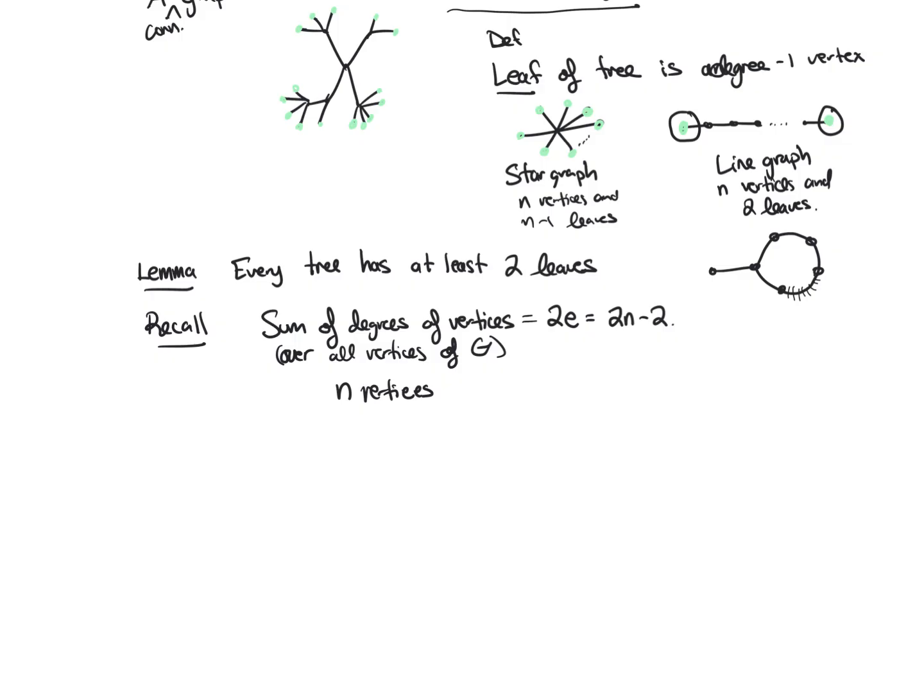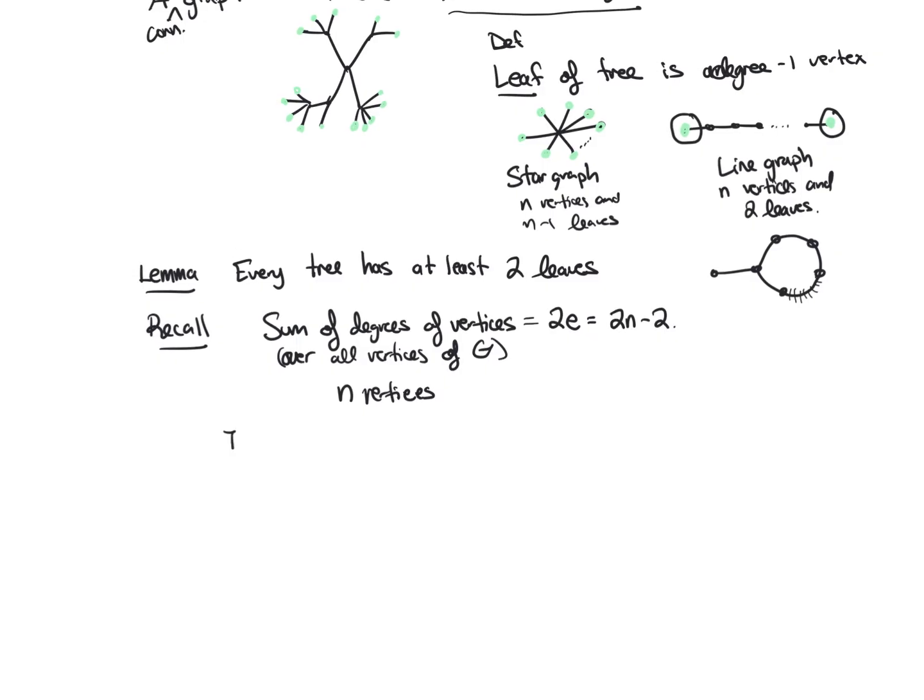So therefore, you have n numbers which are all greater than or equal to 1. Notice you can't have a degree 0 vertex, because that would imply the graph is disconnected.